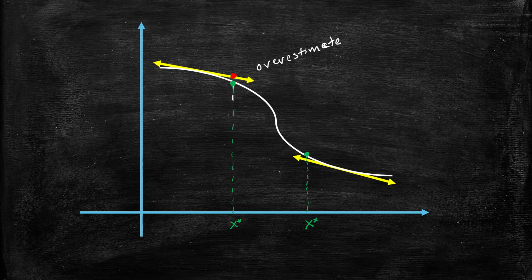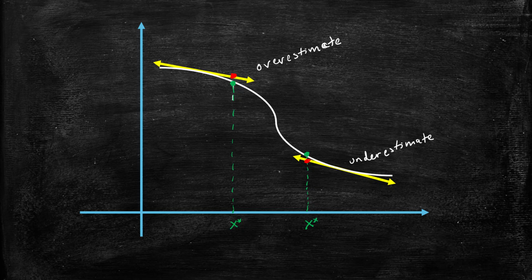When I plug that value of x star into the equation of the tangent line, it's going to be slightly lower than the actual value. So I'm going to have an underestimate here. And that all depends on the curvature of the function, and that's related to concavity and the second derivative. So we'll revisit this topic after we've learned about that.